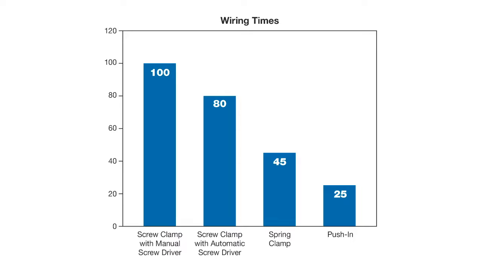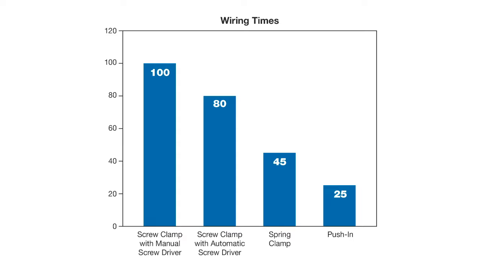I can give you some numbers to compare the different connection technologies. When I compare, for example, a regular screw clamp terminal, just by using an automated screwdriver compared to a manual hand screwdriver, that already would save me 20% wiring time.